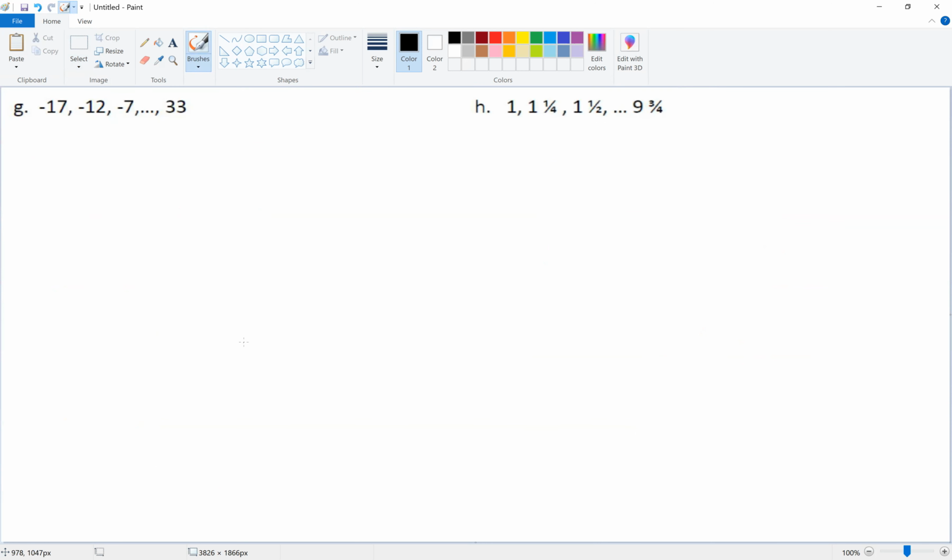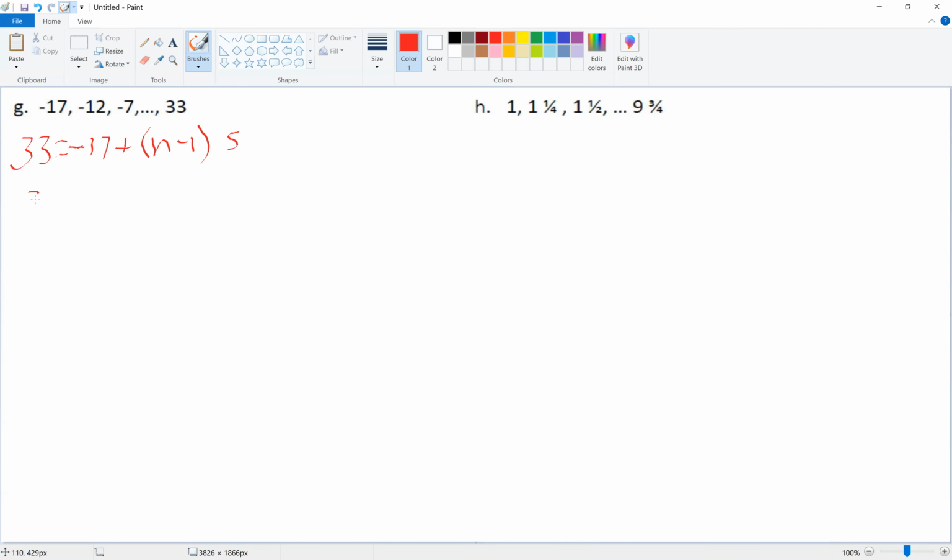Kaushal, number G. So I first substituted an for 33. So 33 equals negative 17 plus n minus 1 times 5, because 5 is the common difference.